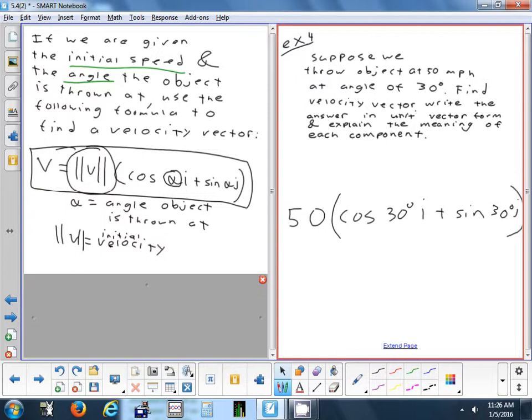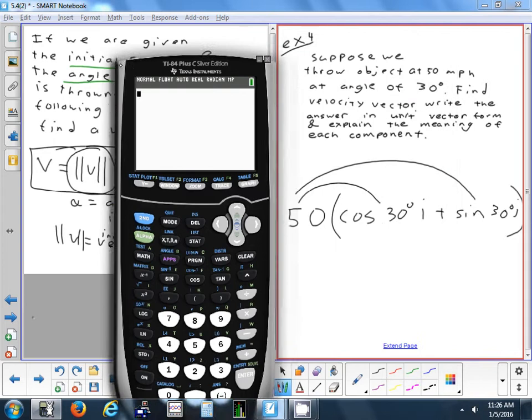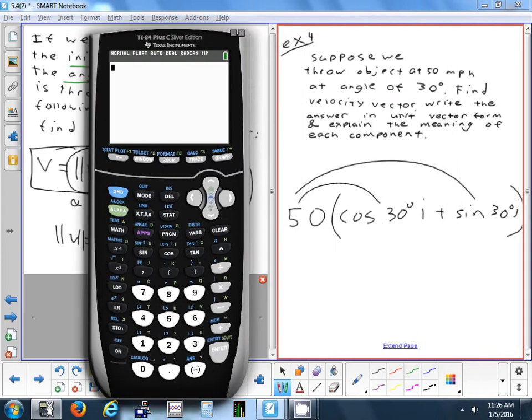Now we're just going to round it off. Find the cosine of 30 on your calculator, then multiply by 50. What's that? We'll just round to two decimal places. What do I have to check on my calculator first?